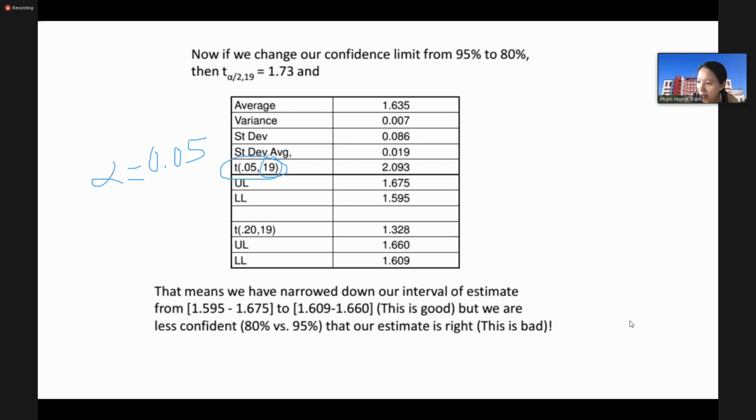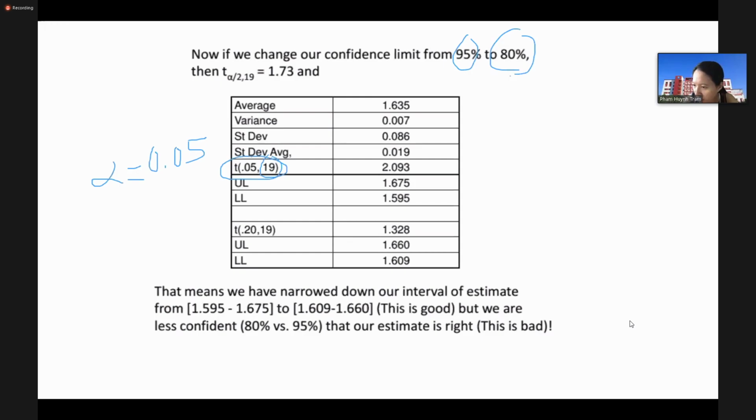If our confidence level goes from 95% to 80%, it means that our alpha will change from 5% to 20%.